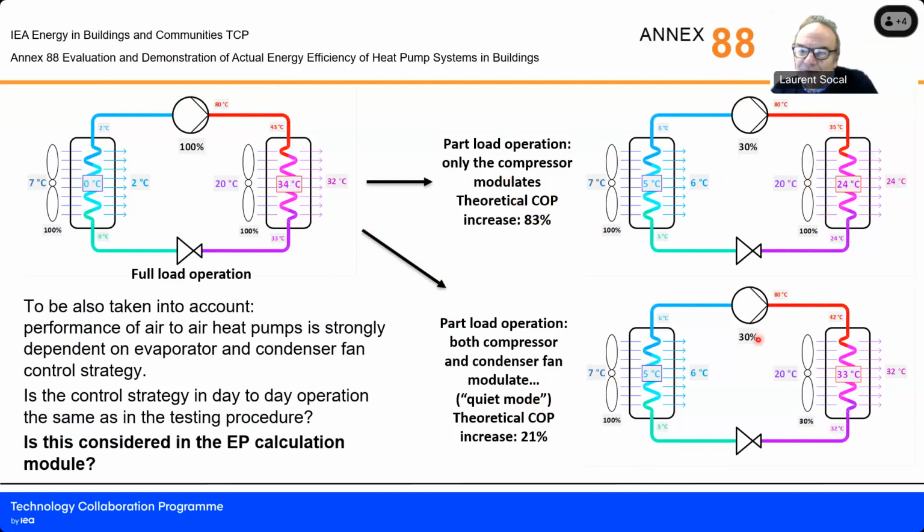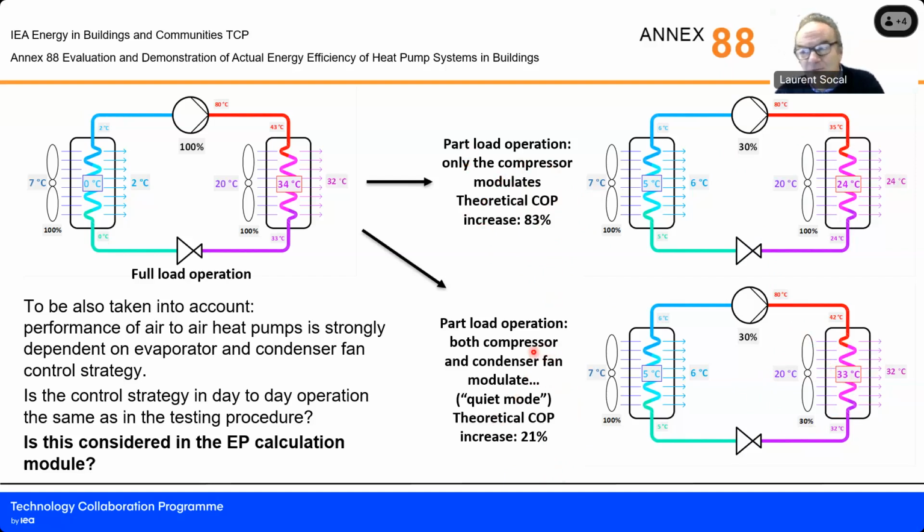But if at the same time you're also slowing down the fan on your indoor unit, your condensation temperature raises again. If you do the analysis, here you can expect a theoretical COP increase of 83%, and here you can anticipate that it will be only 21%, and this is quite relevant.